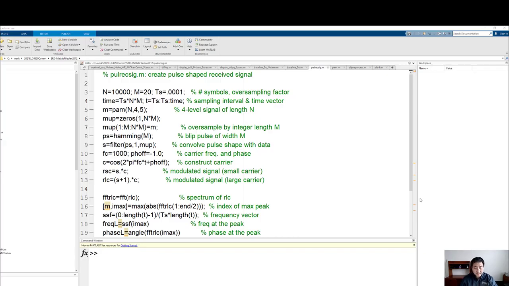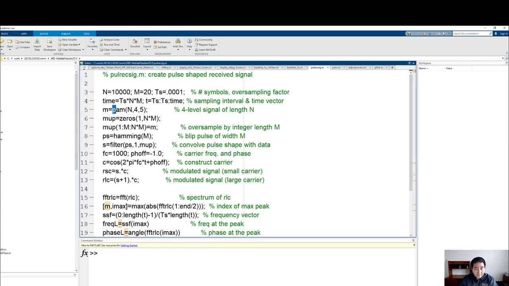Let's look at a MATLAB example of calculating phase phi from the received signal. Here the signal is PAM, pulse amplitude modulated, using 4 different levels: -3, -1, +1, and +3. The code has a length of n, 4 levels, and a variance of 5. Roughly speaking, if you get -3, -1, +1, +3, you have a variance of 5 for the different symbols.